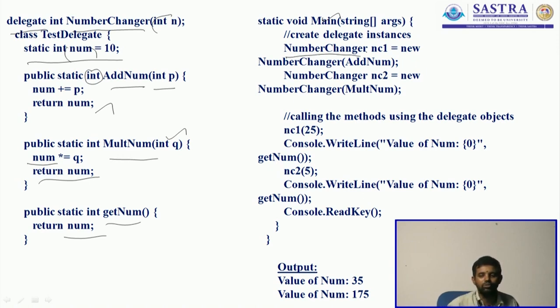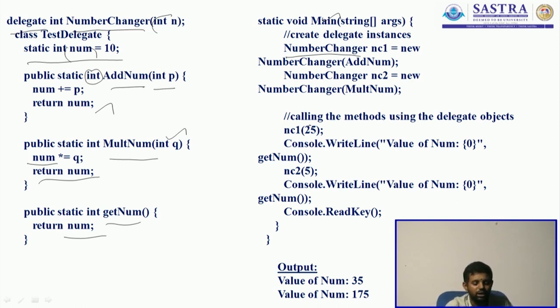So what we are trying to do, number changer nc1 equal to new number changer of add num. In the same way, we are creating another instance which is nothing but nc2. Number changer nc2 is equal to new number changer of mult num.